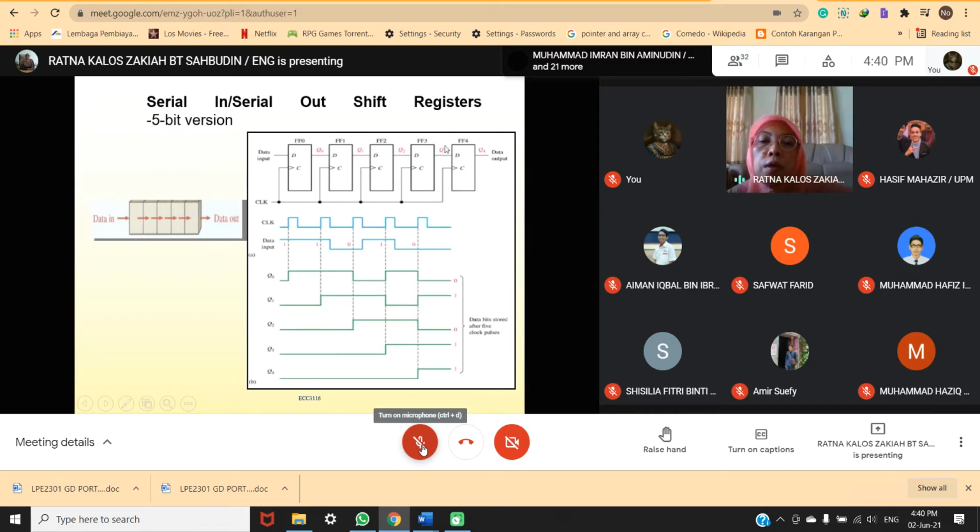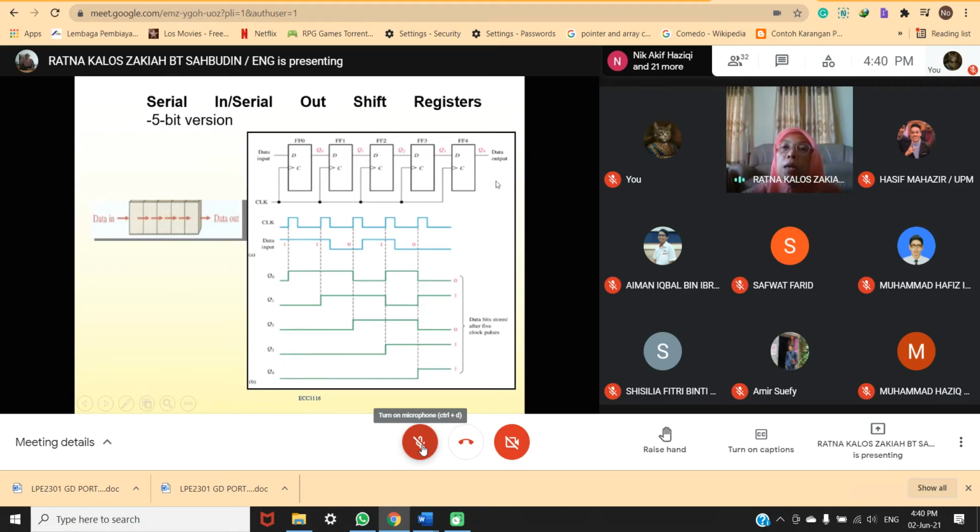So now look at here, Q2 becomes the input. This clock is low, this clock also low, still low. So you have low here. At this clock you have high, so you have high. This clock here is high, so you have high.